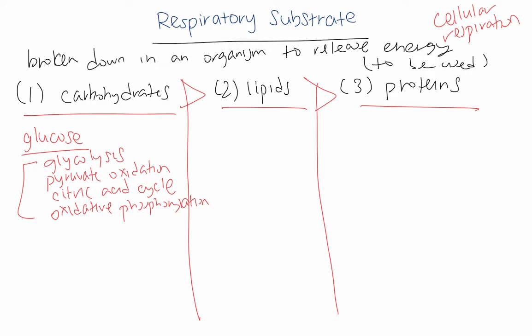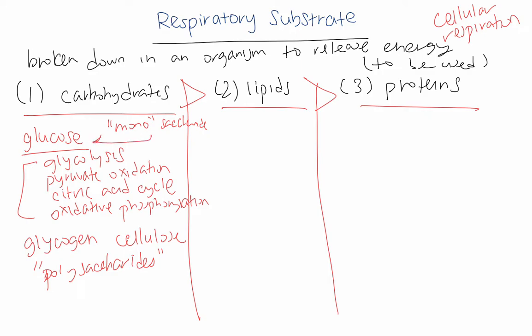Now, if we were to have, let's say, glycogen, or let's say cellulose, in this case, since these are multiple sugars attached to each other, they're polysaccharides, right? That's the technical word. They're polysaccharides, and not one monosaccharide as that of a glucose.